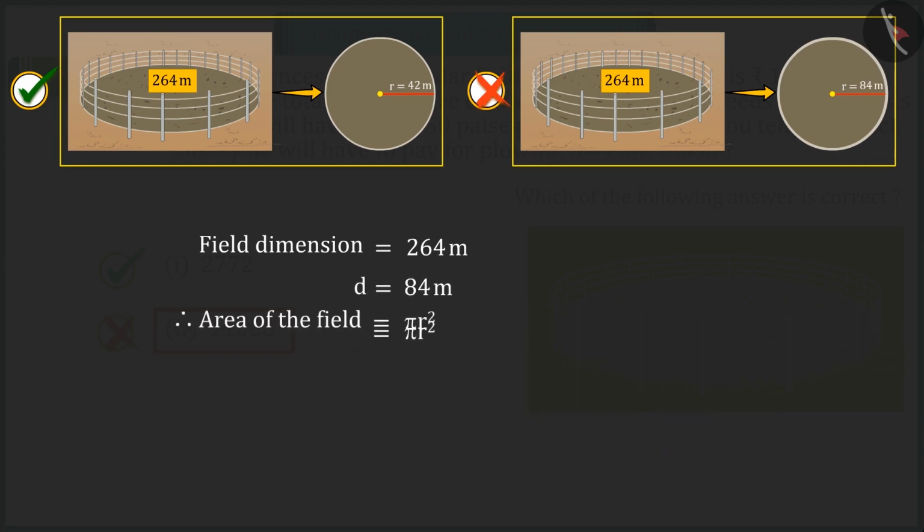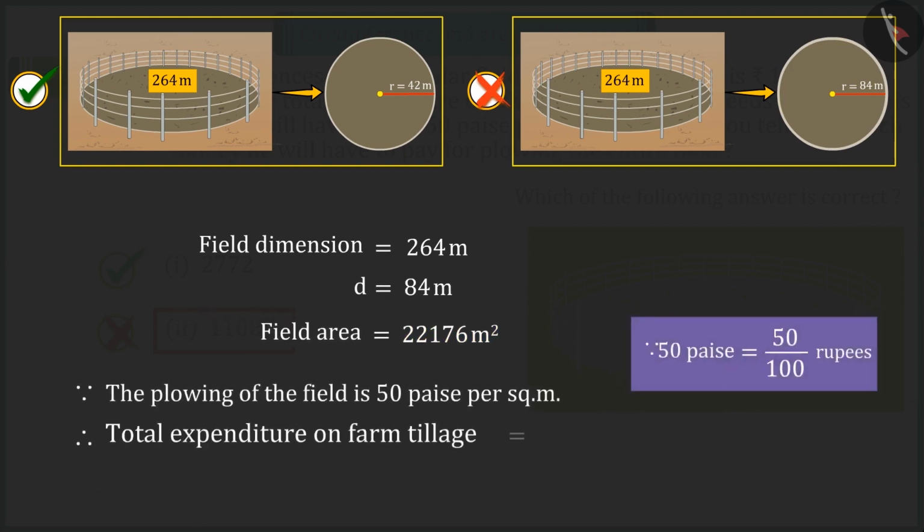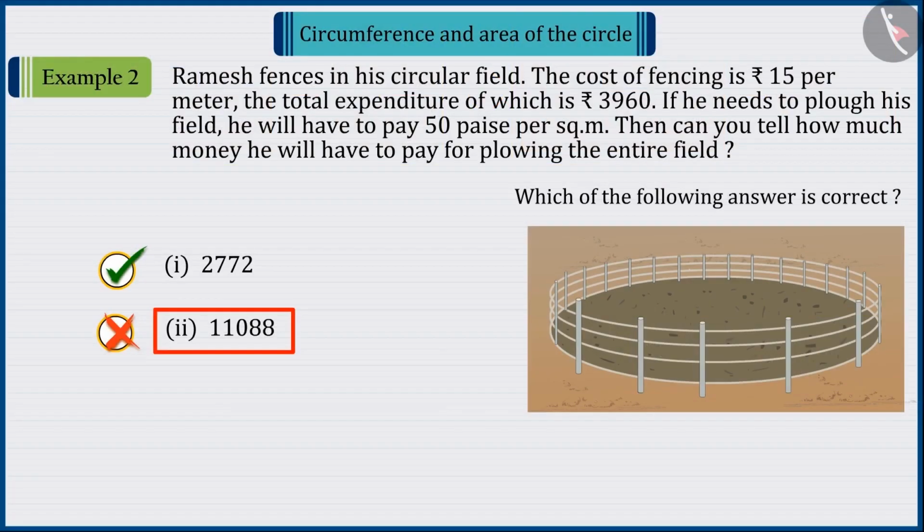And let's solve further on the same basis. That makes your answer incorrect. So hopefully you must have understood why the first option is right and the second option is wrong in this example.